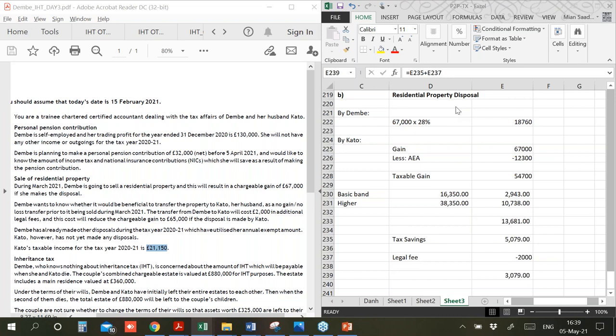That commission will constitute a part of the cost of the asset. So you have to add it in the cost, it will reduce your gain and thus save your tax liability. So when Dembe transfers the asset to Kato, wouldn't her cost be increased by 2,000 because 2,000 is the incidental cost of disposal?